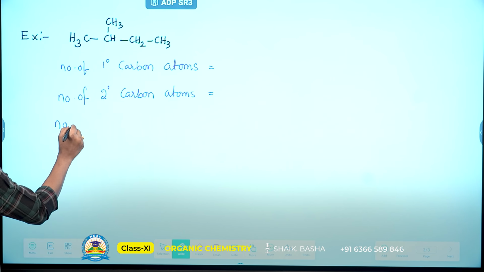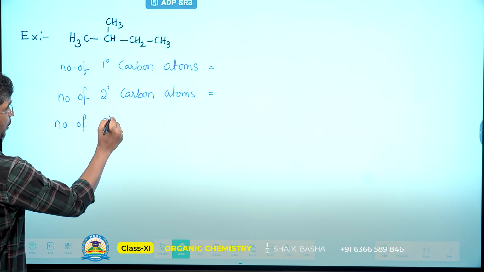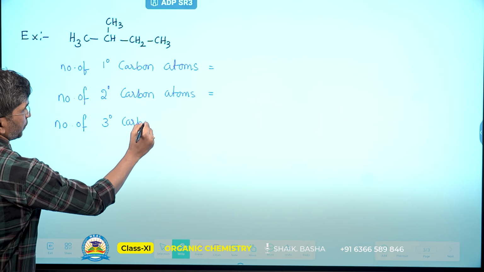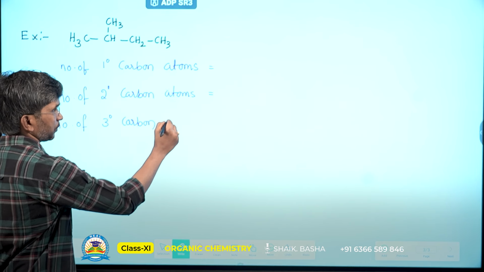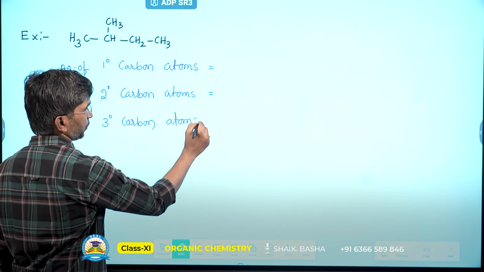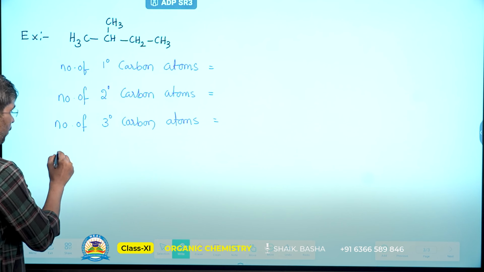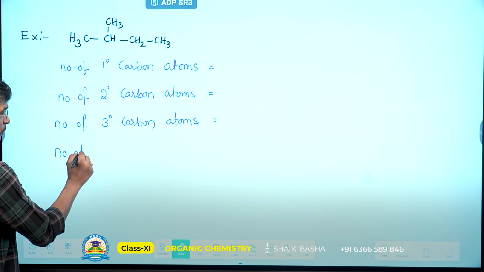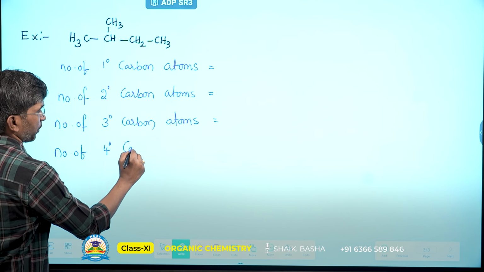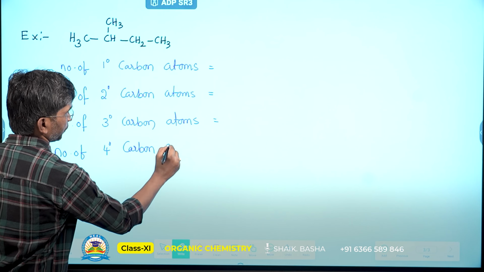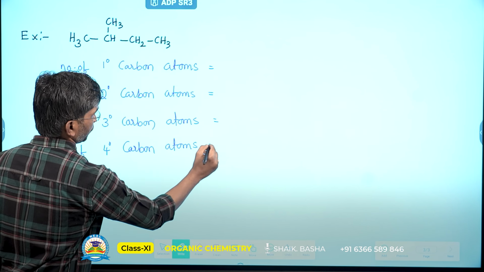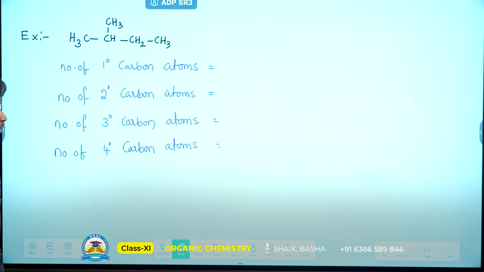Number of tertiary carbon atoms. Number of quaternary carbon atoms. So these are general questions. First of all, I'll give the explanation of this one. Then, are there any other questions possible with this example?